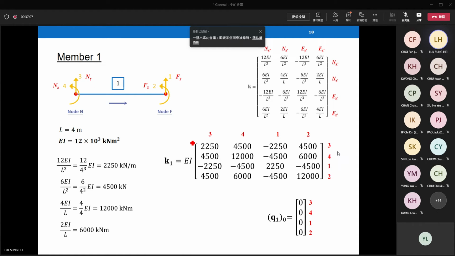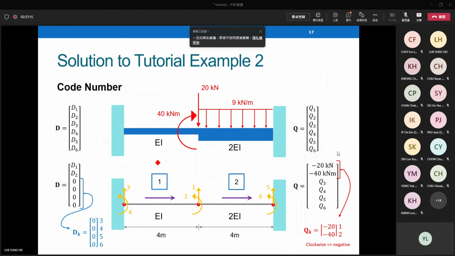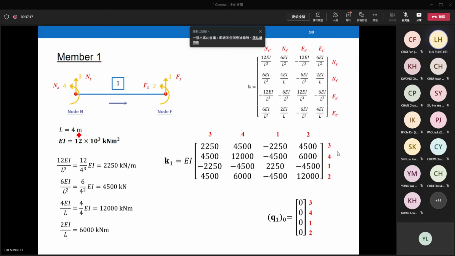Element 1 is the element on the left-hand side of this structure. There is no intermediate loading for element 1. The length is 4 meters. The EI value is 12 times 1000 kilonewton meter square. You can use our beam stiffness matrix, evaluate the matrix carefully using the equations.